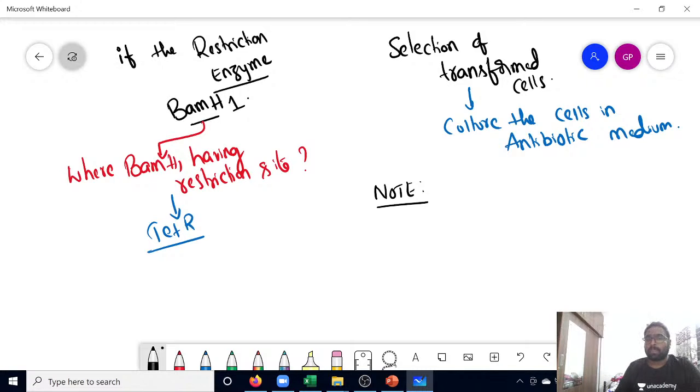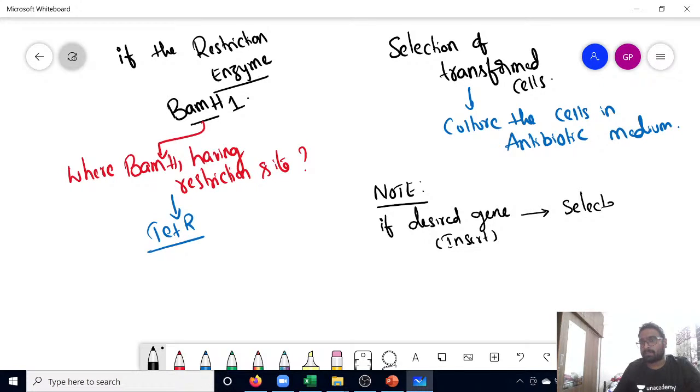So students, if the desired gene, that is the insert, is present, then what happens? The selectable marker is absent, because the enzyme acted on it. This is case 1. Then what will be case 2?